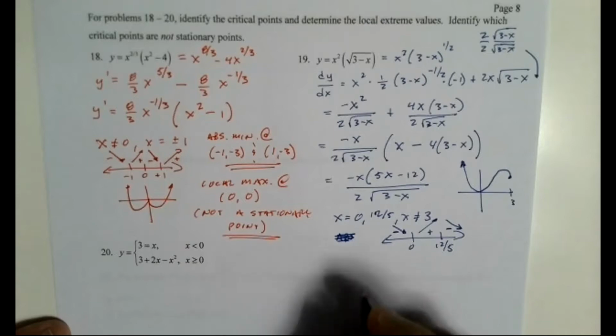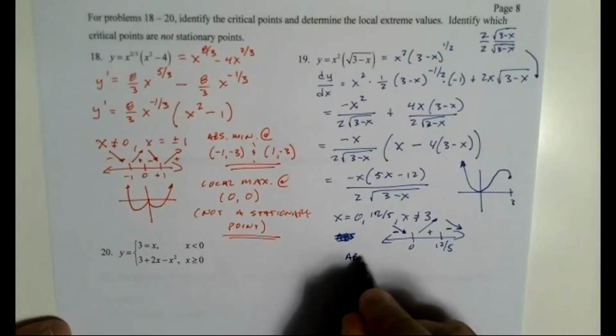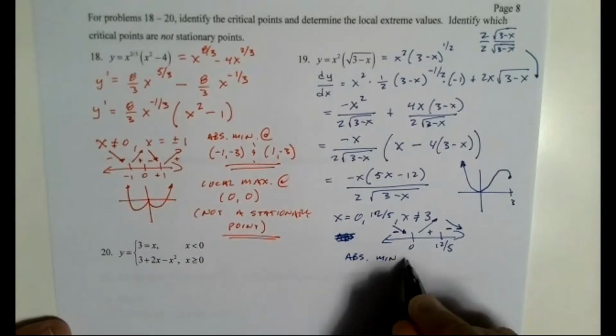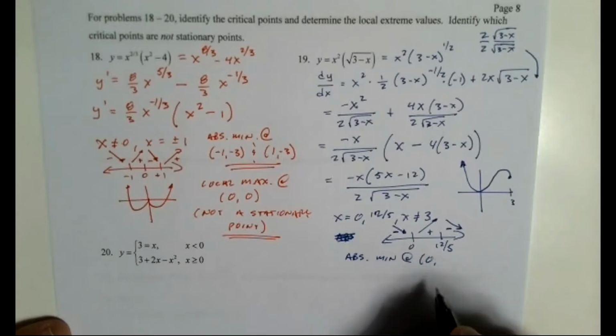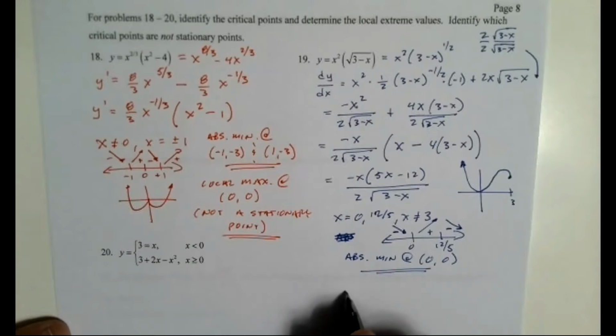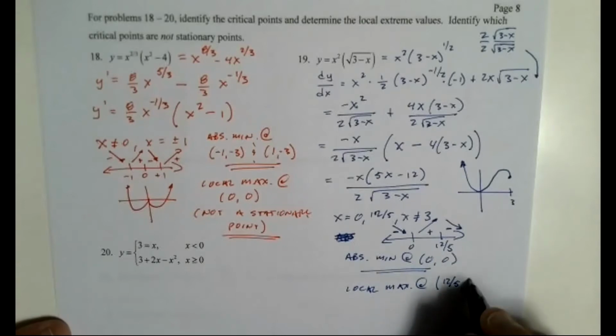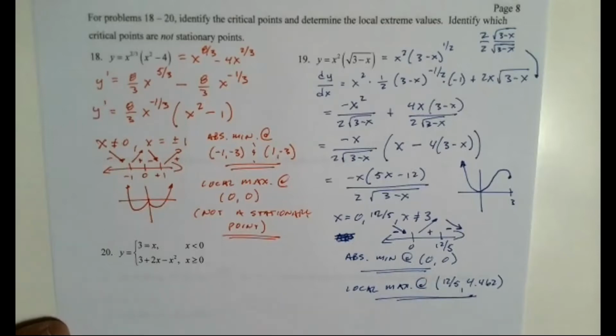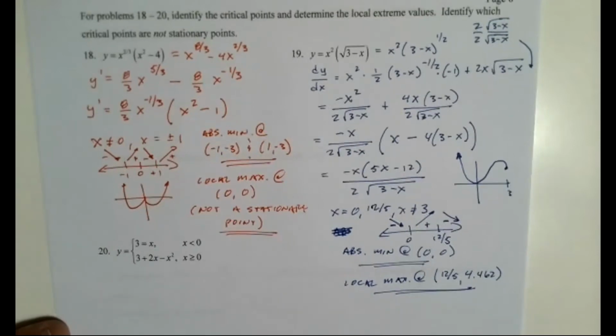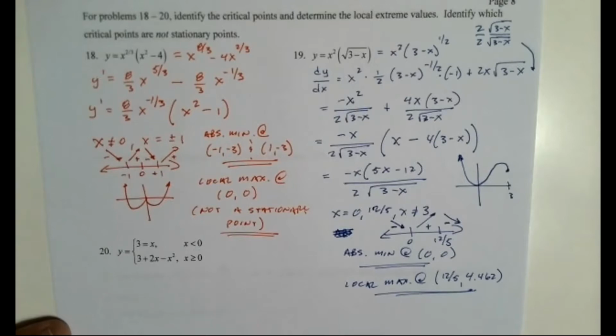Tricky stuff. All right, so absolute min at 0 comma, looks like 0, 0. Local max at 12/5 comma 4.462. I blasted that out with a calculator. A lot of work.